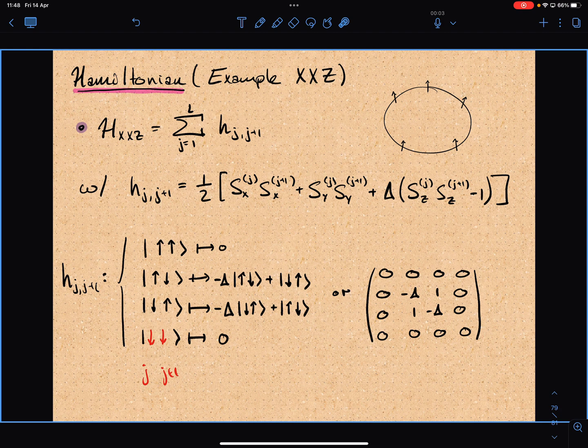And locally for these two spin particles, if you write it into matrix form, you obtain this matrix. And this is actually the system that we were looking at for the heads and tails. In particular, the heads and tails system corresponded to a two-spin particle, up and down.